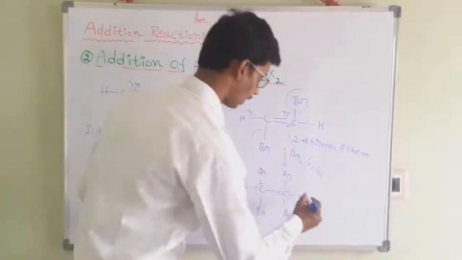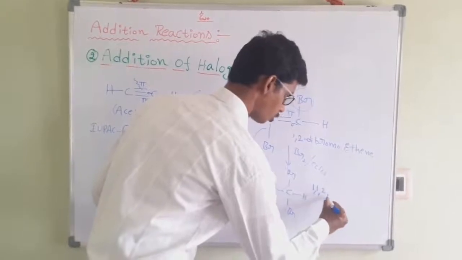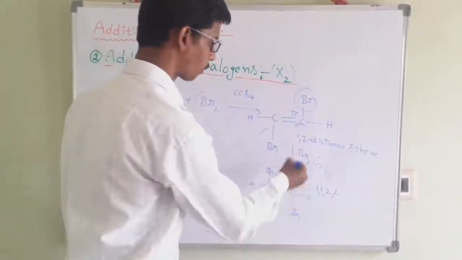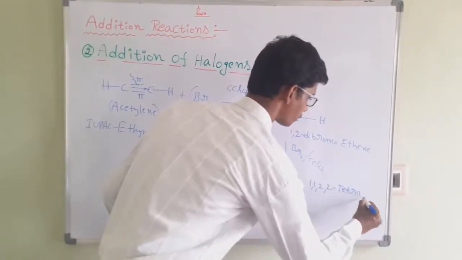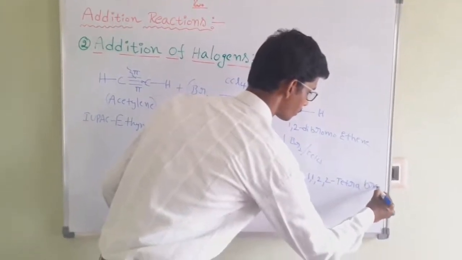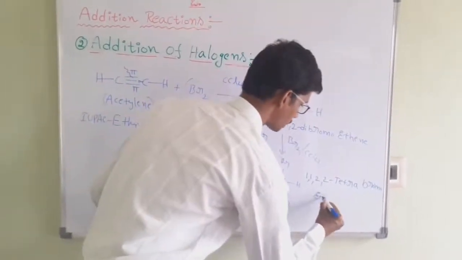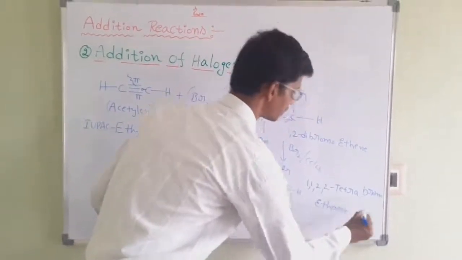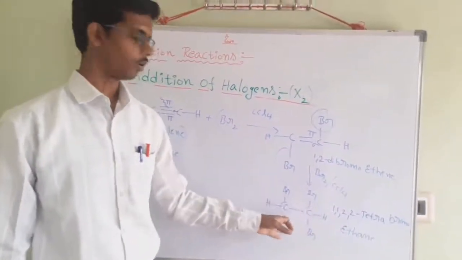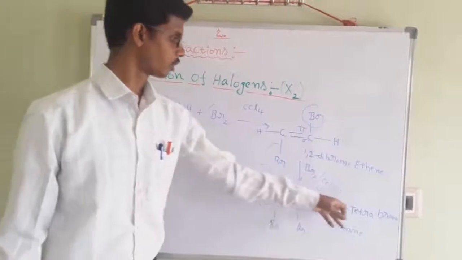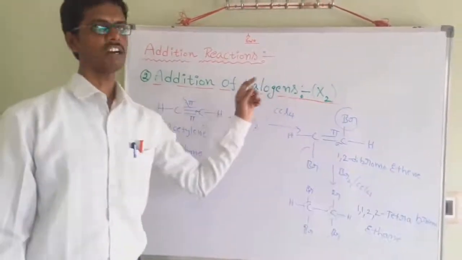And how many carbons does it have? 2, that's why ethane. This is the correct name for this compound: 1,1,2,2-tetrabromoethane. This is the second example of addition of halogens.